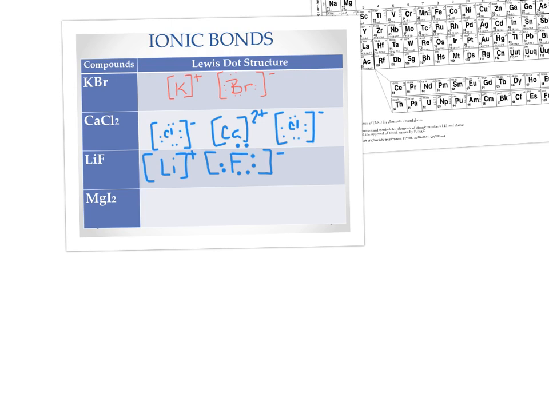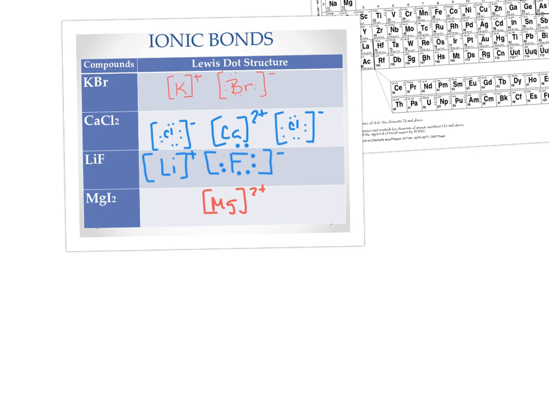So our next example is magnesium iodide. It is very similar to the calcium chloride example we have here. Magnesium has 2 valence electrons like calcium, and iodine has 7 valence electrons like chlorine. So let's go ahead and draw that. We're going to write Mg. We're going to put a 2 positive for giving away 2 valence electrons.